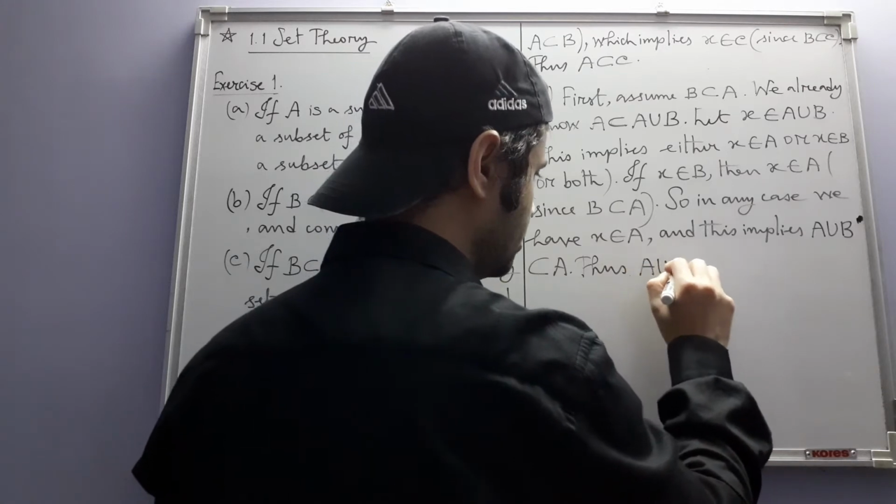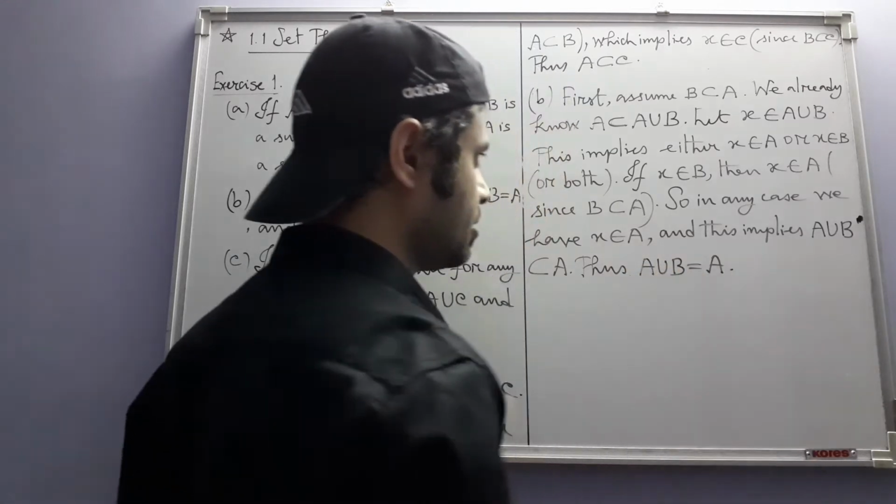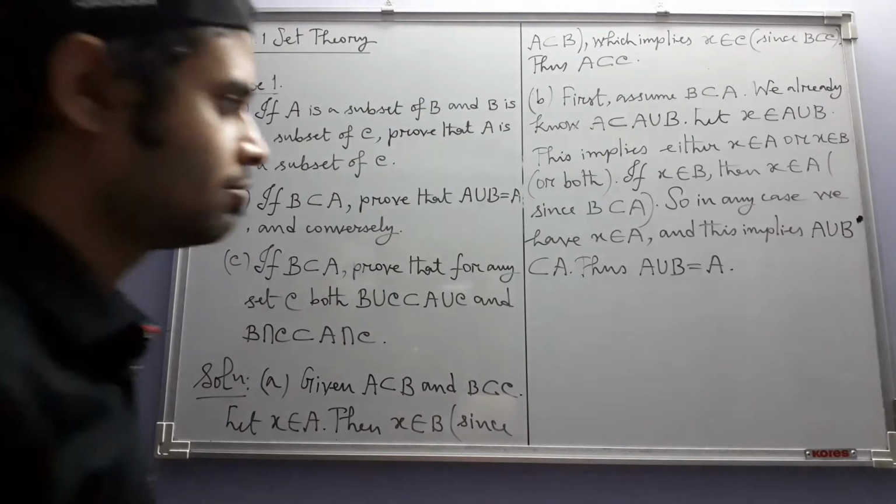Thus A union B equals A. Now we have to prove the converse.